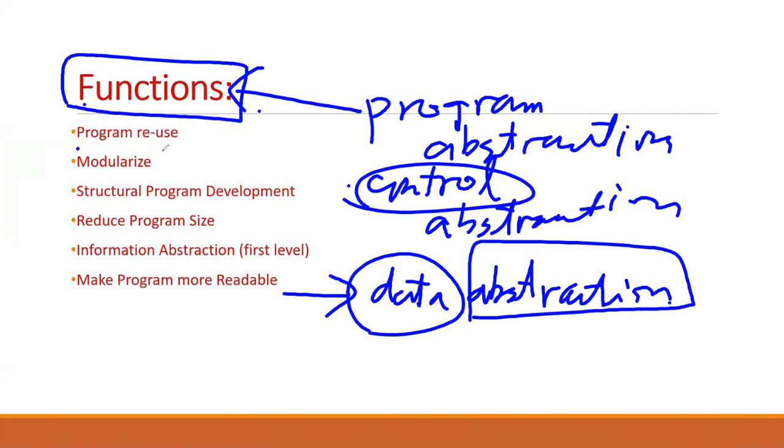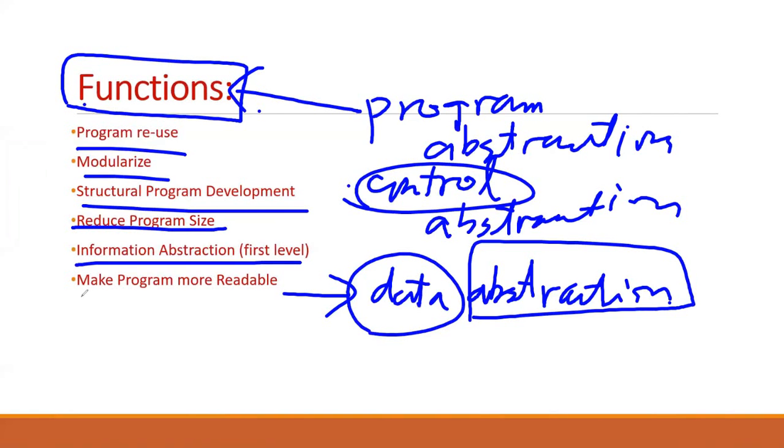It makes the program reusable, modularizes the program structure and development, reduces the program size, abstracts information, and makes the program more readable. So let's show how function and abstraction will help you. It has these 6 different features, and the most important is number 1, reusable.